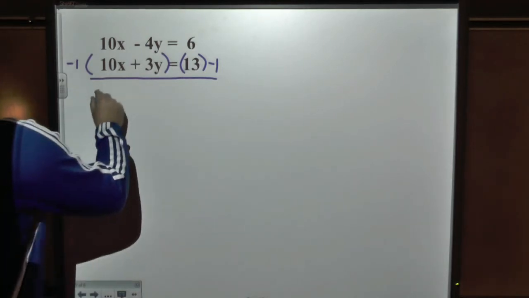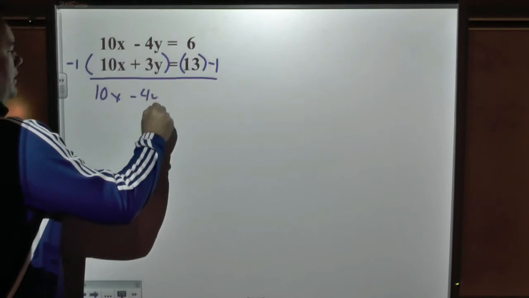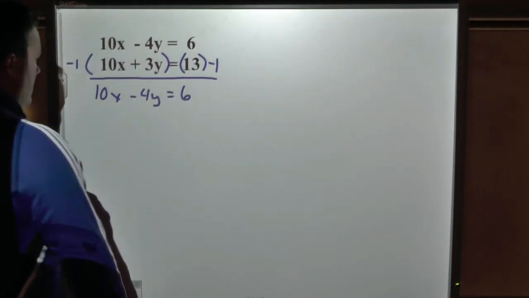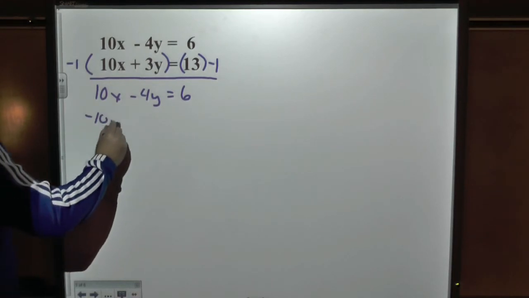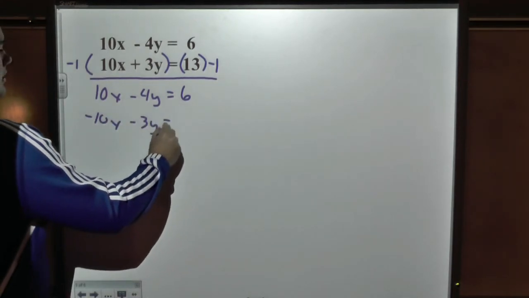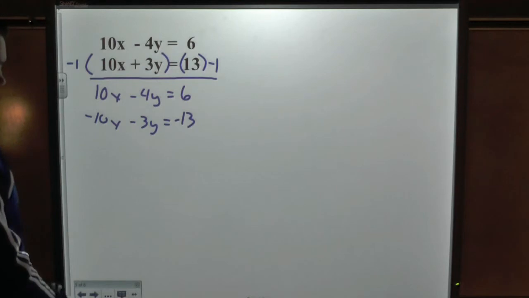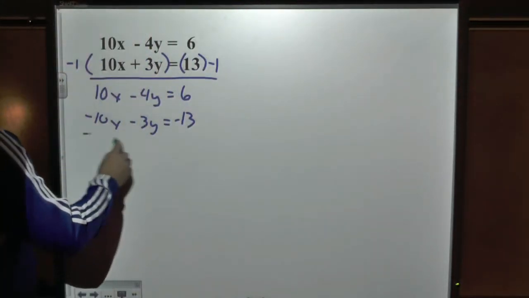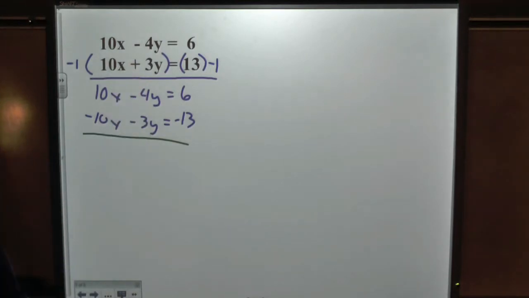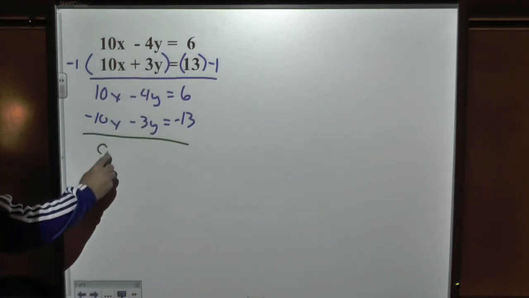The first equation is 10x minus 4y equals 6. And in the second one, again, switch all the signs. Negative 10x minus 3y equals a negative 13. So, at this point, add straight down. 10x to negative 10x is 0x.